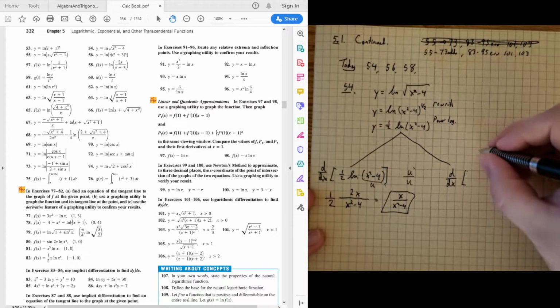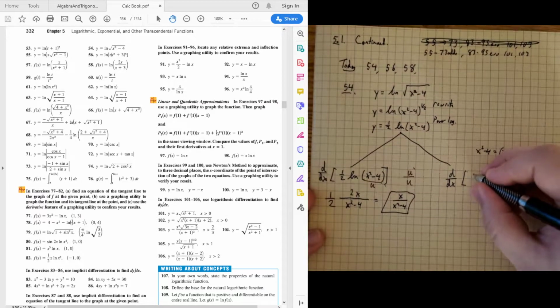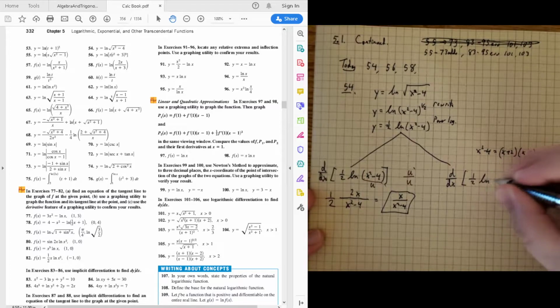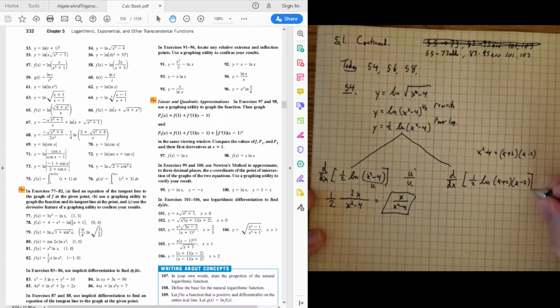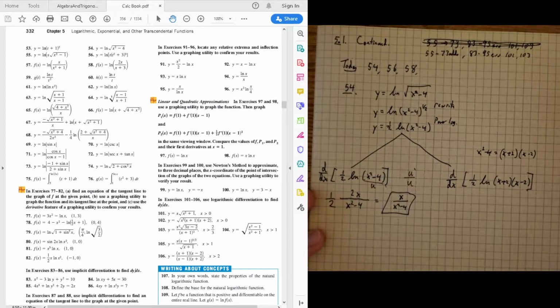We can rewrite x squared minus 4 as x plus 2 times x minus 2. And if we choose to do that, our function changes: 1/2 ln of (x plus 2)(x minus 2). The reason our function changes is because we can transform multiplication using one of our properties. There's a property of logarithms which states that multiplication becomes addition.